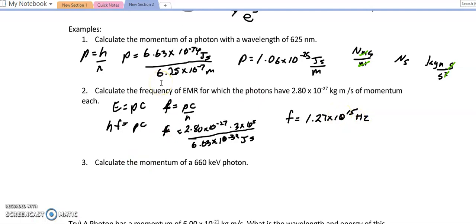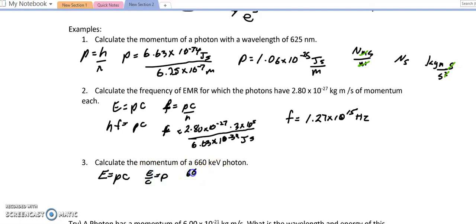So taking a look at this next one here, we've got calculated momentum of a 660 kilo electron volt photon. So this is a unit of energy. We're looking for the momentum, and so again we're going to use E is equal to P times C, dividing both sides by C. So we're going to use E over C is equal to momentum.